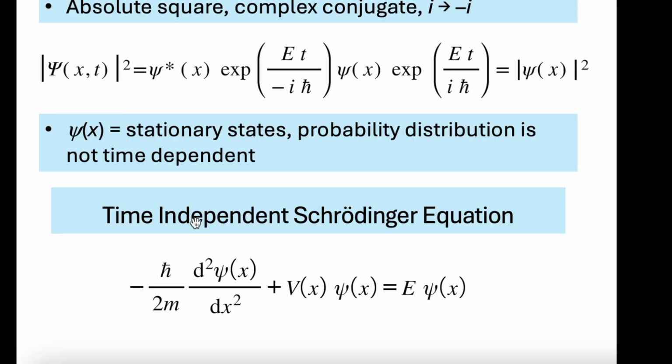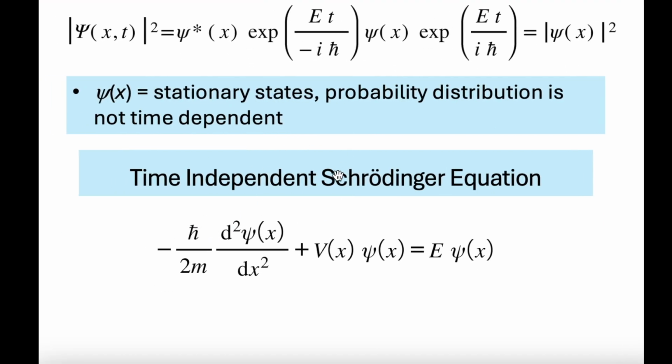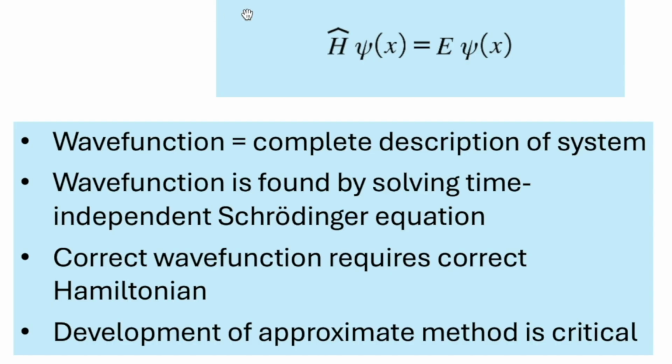And therefore, we can also write a time-independent Schrödinger equation, that is minus h bar squared over 2m times the second derivative with respect to x, plus the potential times the wave function is equal to the energy times our wave function. The wave function here, psi of x, in this case, is a complete description of the system.